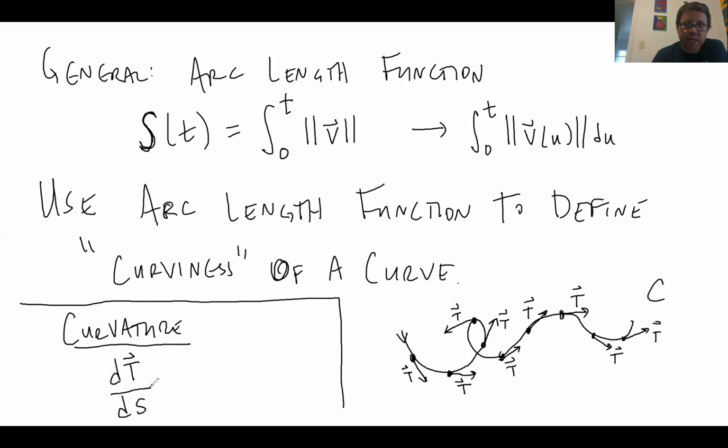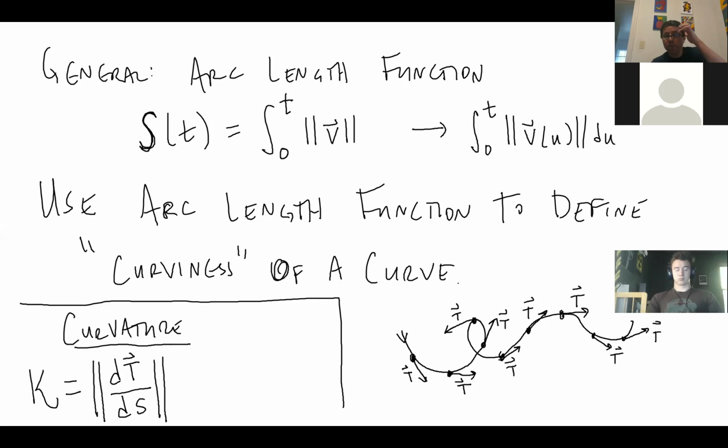You're like, there's no t's in there anymore, that's just terrible. And not only that, but this is not a number, it's a vector. So instead of leaving it as a vector, you take the magnitude of that and you call that the curvature. To make it even worse, they don't even use a K, they use the Greek letter kappa to represent curvature. So if you're with me at this point and haven't completely nodded off, that's the idea.